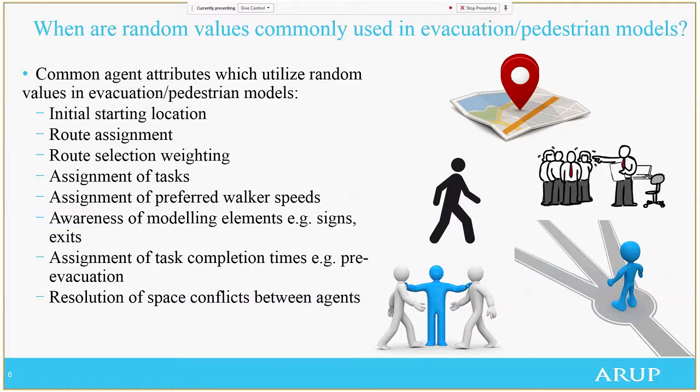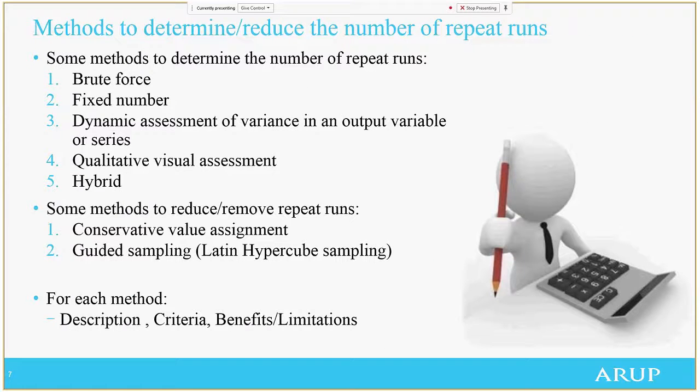In terms of methods for determining the number of repeat runs, I've listed 5 here. The first is brute force, second is fixed number, then dynamic assessment of variance in output variables, and then qualitative visual assessment. In addition, you can adopt a hybrid, a combination of these. I've also listed some methods to reduce or potentially remove the number of repeat runs.